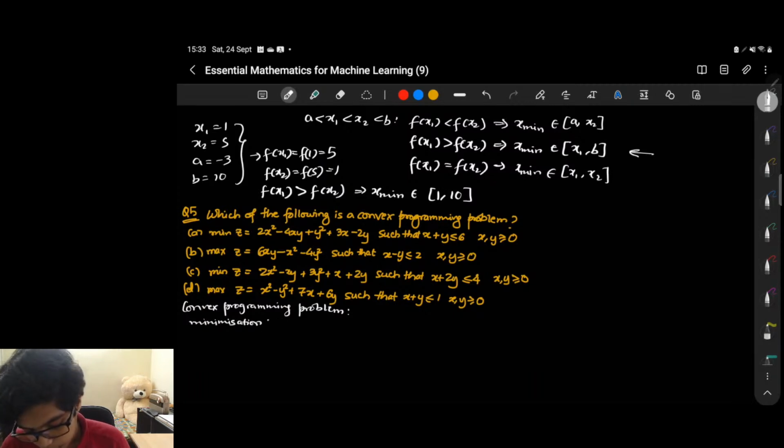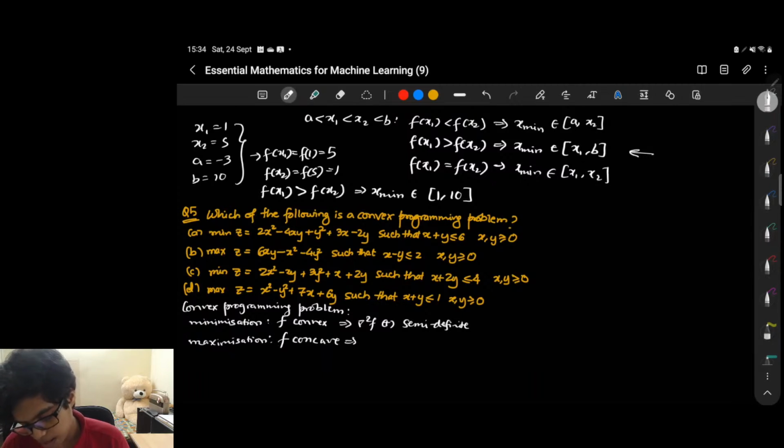programming problems, it is convex if f is convex, and f convex means that del squared f is positive semi-definite, and if it is a maximization problem, then f should be concave. Concave means that del squared f should be negative semi-definite, and g needs to be convex always, and linear functions are always convex.